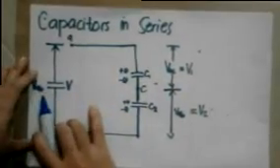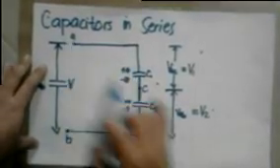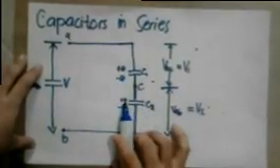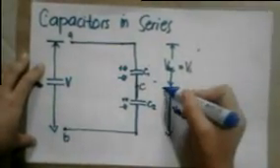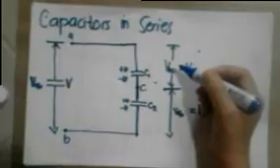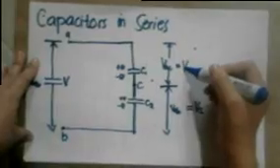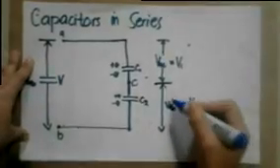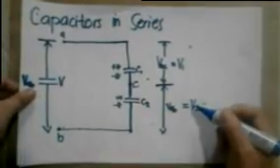This is our V sub AB, which is equal to our potential difference V. We have point E, point A, point C, and point B. This is positive Q, positive Q, negative Q. This is our C1, our C2, and from the top to our point C, that is our potential difference from A to C, which is our V1, and from point C to the bottom, that is our potential difference from C to B, which is equal to V2.